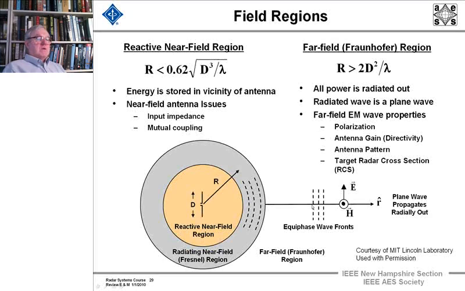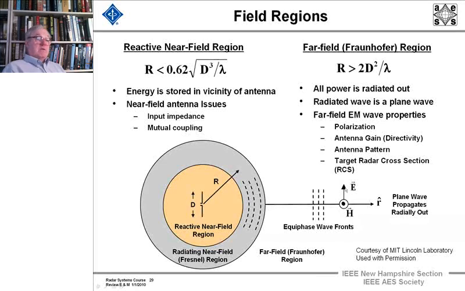And that's what the electric field is like when we're dealing, at the target, with the polarization of the wave, the antenna gain pattern or directivity, or the radar cross-section. Because when we build an antenna back here, the targets we're looking at are so far away that these properties of the electromagnetic wave are in the far field region.